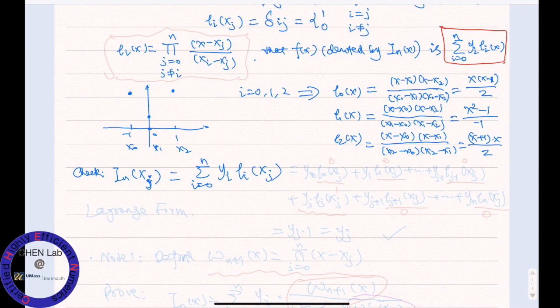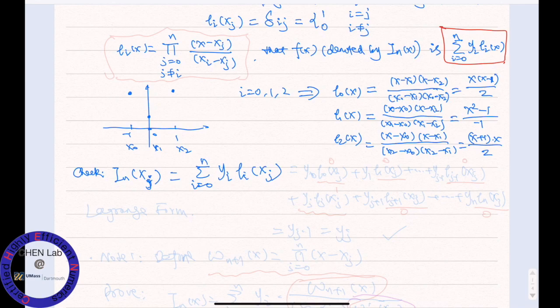Now the magic happens, because you have a fixed j. You evaluate at xj, fixed j, and your i is changing from 0 to n. For any i that's not equal to j, your Li of xj is equal to 0, right?